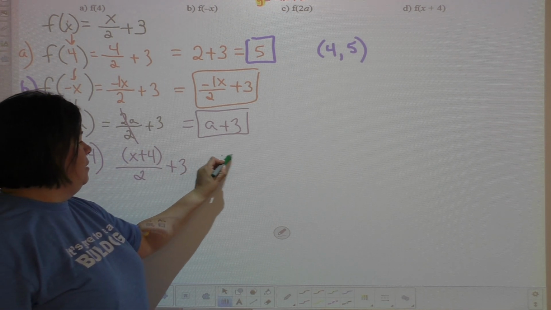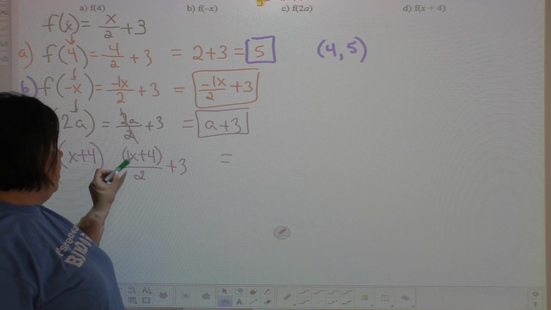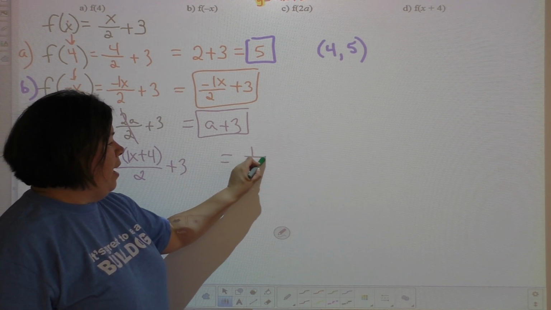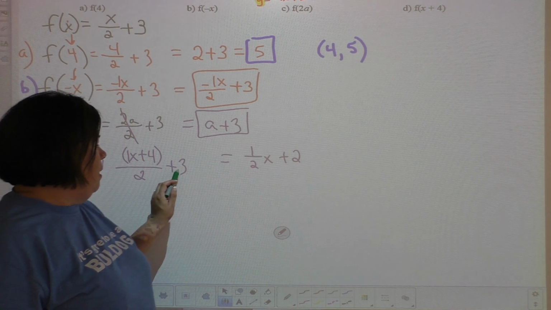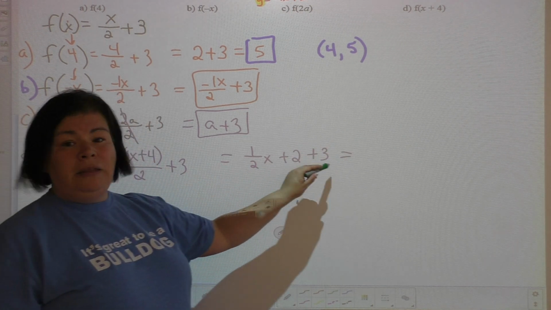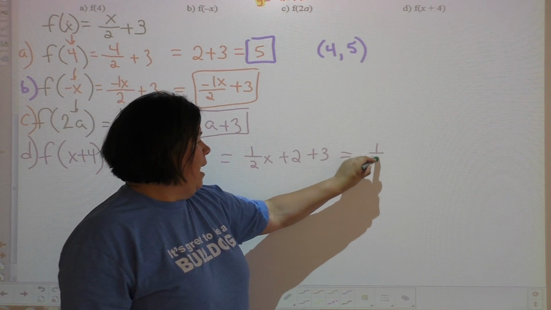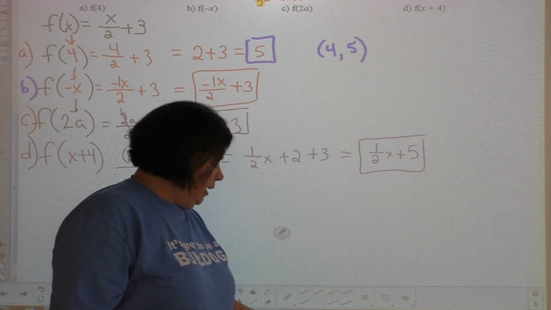So if we go ahead and simplify, well, x divided by, again, there's really a 1 there. So 1x divided by 2 is really 1/2 x. 4 divided by 2 is really 2, and then plus 3. So if we evaluate that further and combine like terms, we're going to get a 1/2 x plus 5. So that's our final answer.